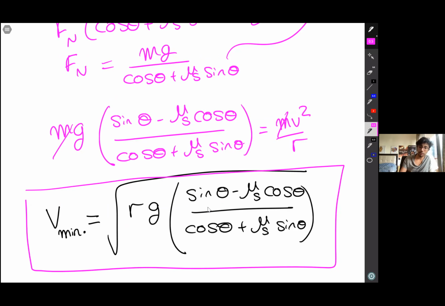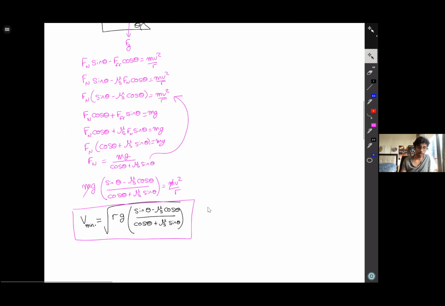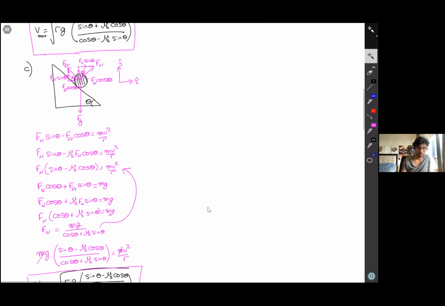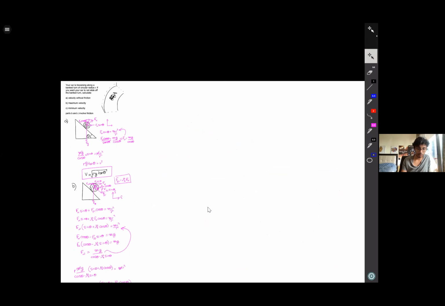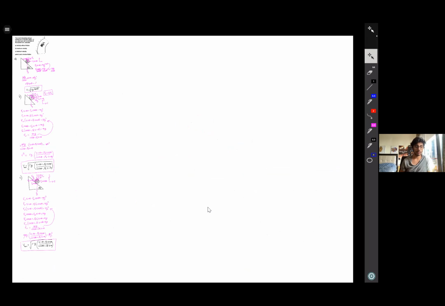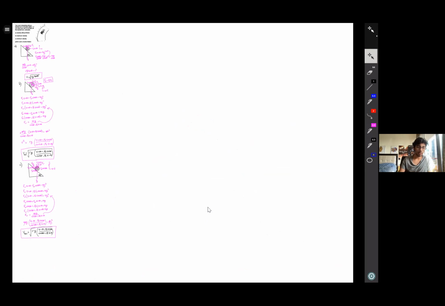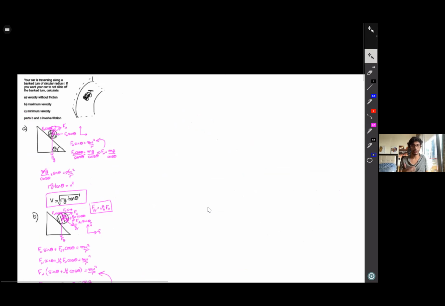So hopefully you understand now how you would solve these problems. I tried to make it as easy as possible, but it's quite a difficult concept to get your head around the first time. It took me quite a while to understand it, but once I got it, it just clicked.